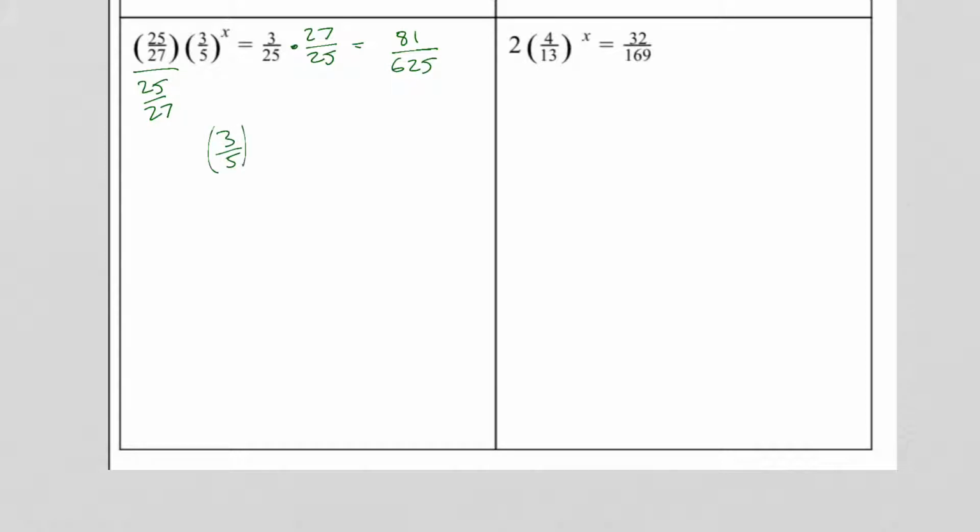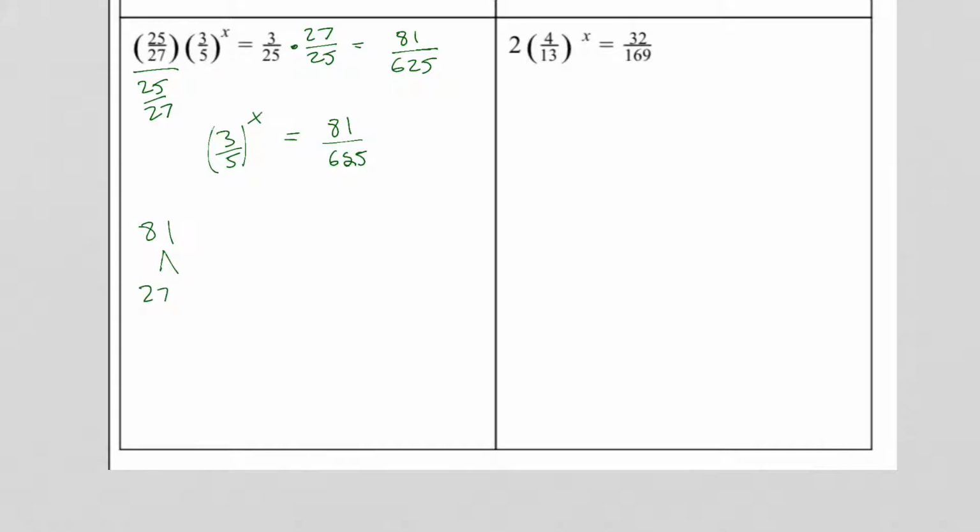So you have 3/5 to the x is now equal to 81 over 625. So let's see if we can figure out the prime factors of 81.